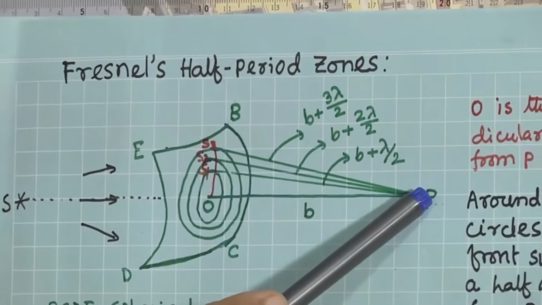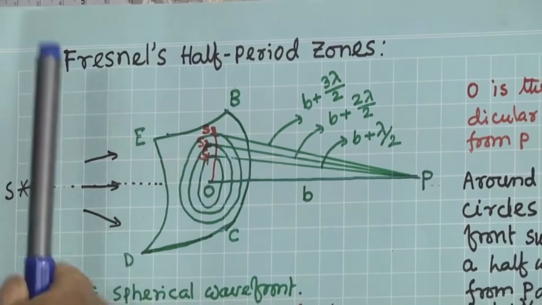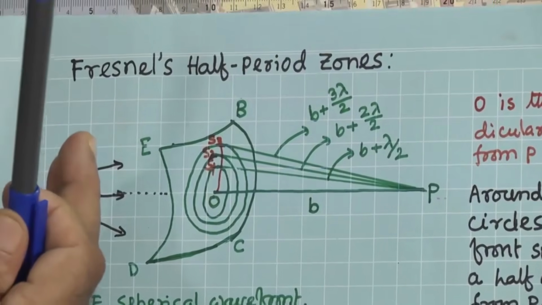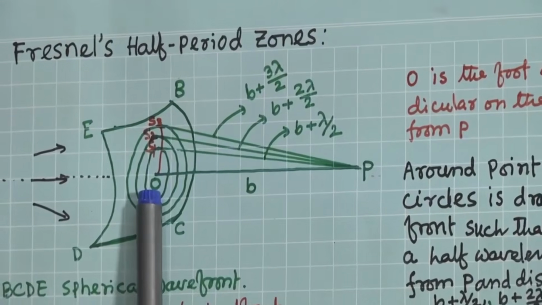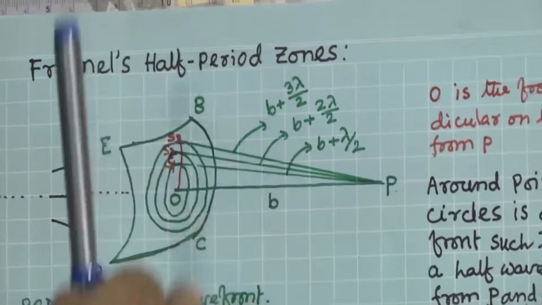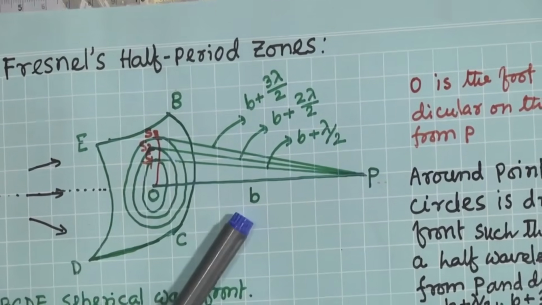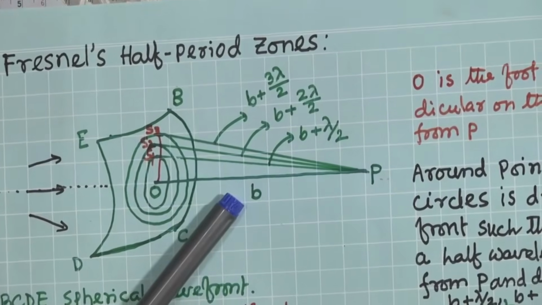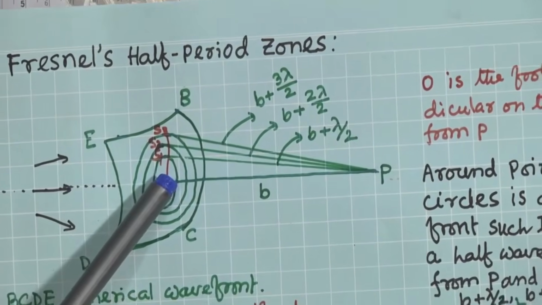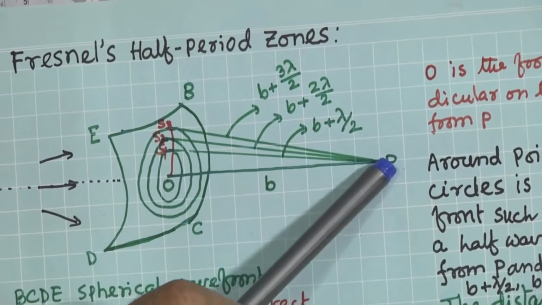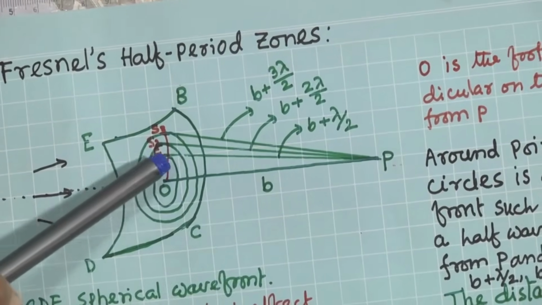So what he has done: from P, consider the center of the circular aperture through which this wavefront will pass. If this distance is B, light coming from this center will reach P over the distance B. Now light will come from another point.